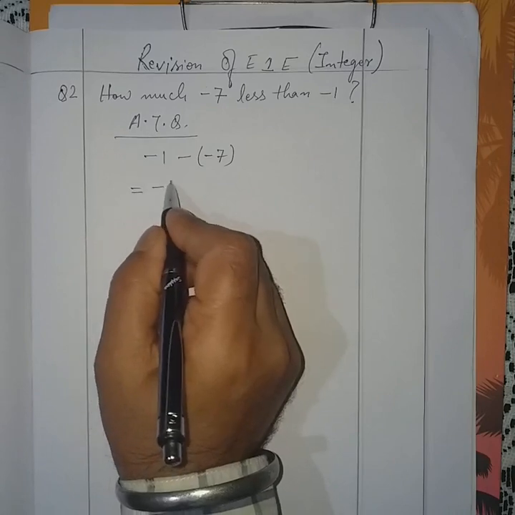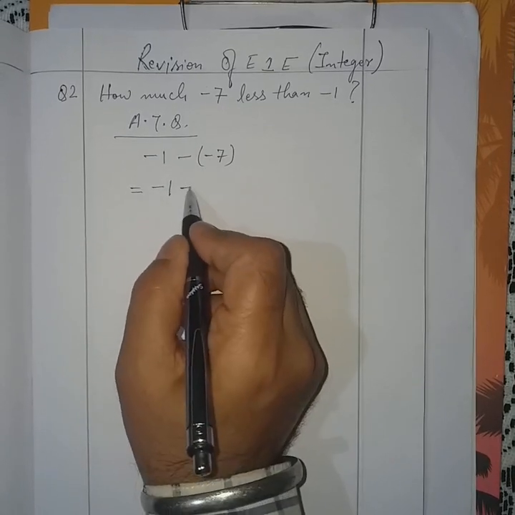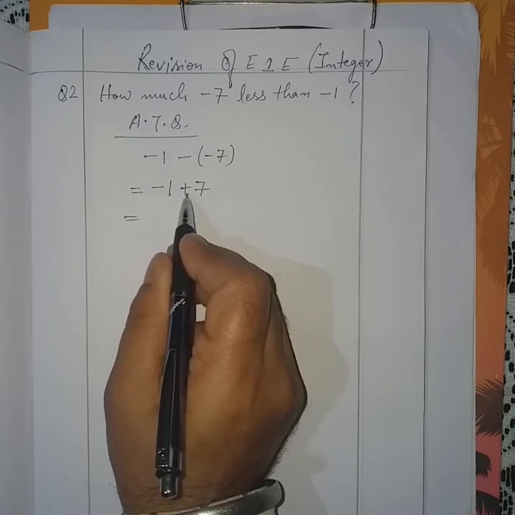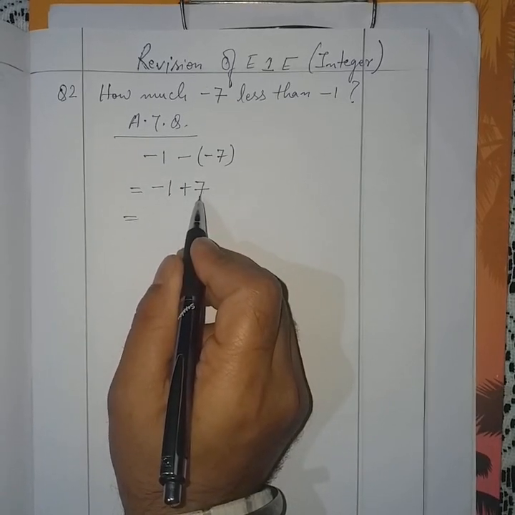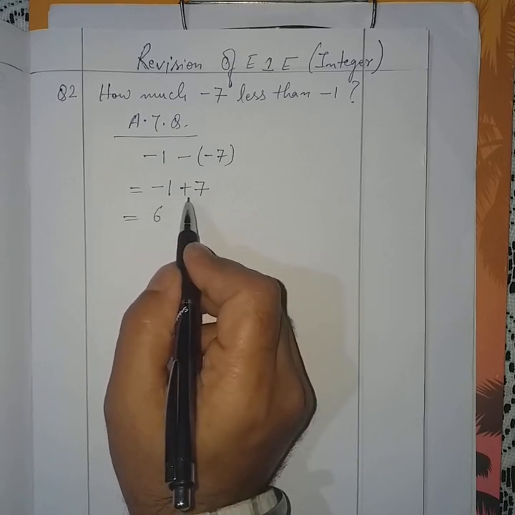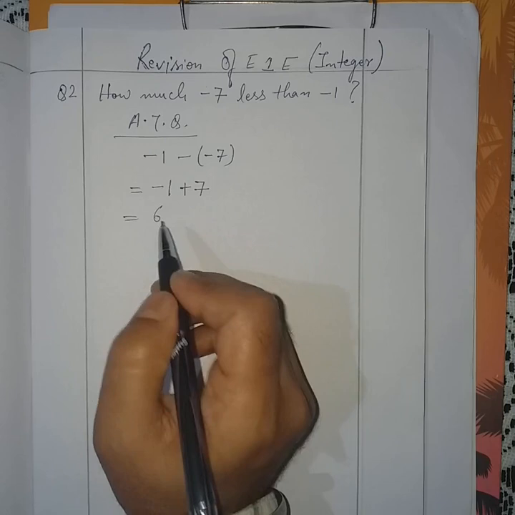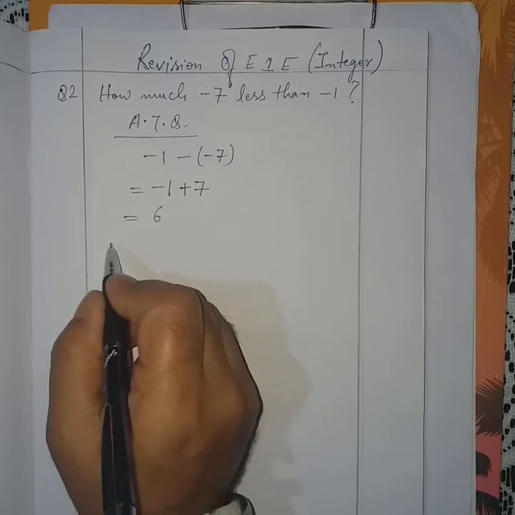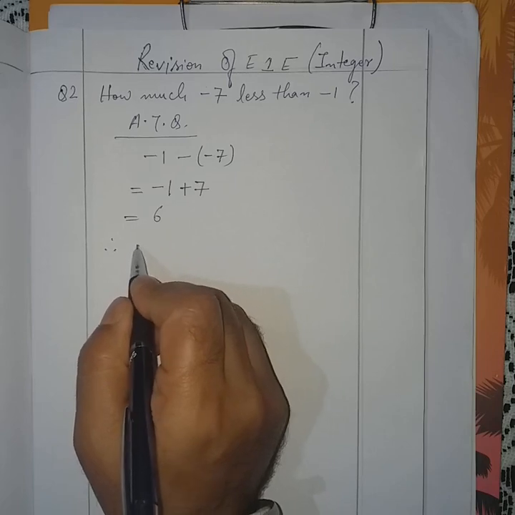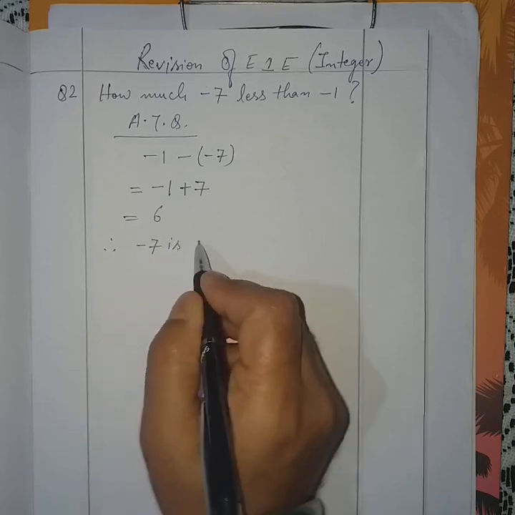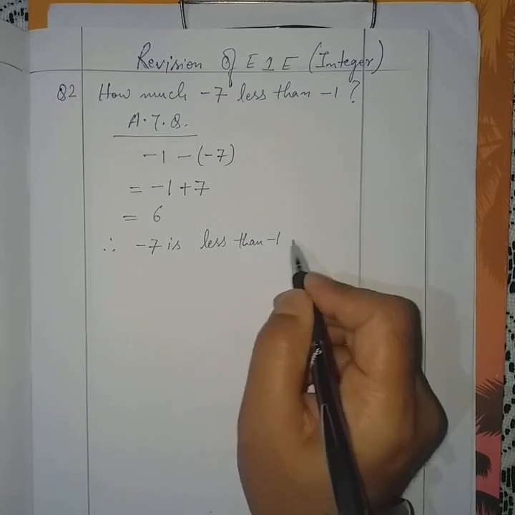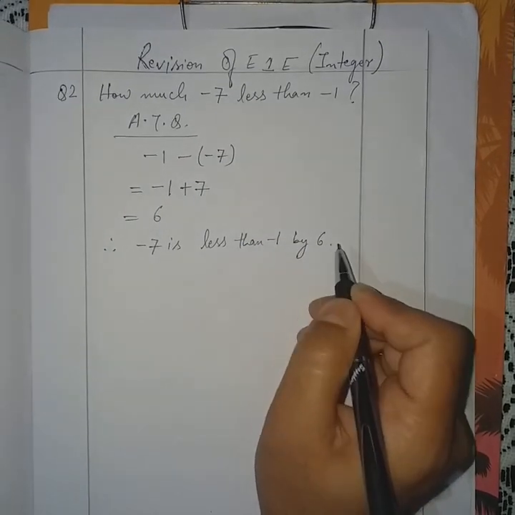Now next step, you open the bracket, minus minus plus, and here minus into plus minus, that means we have to subtract. 7 minus 1 is 6, the bigger number is 7 and the sign is plus, so here is the answer. Therefore minus 7 is less than minus 1 by 6.